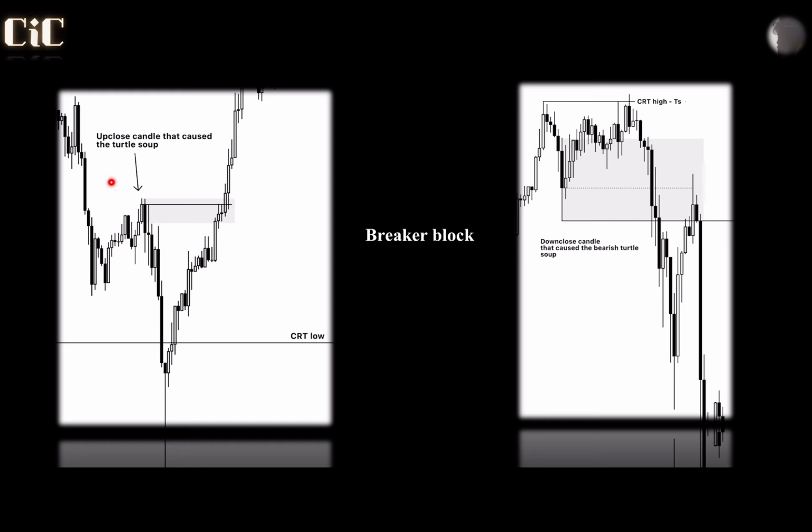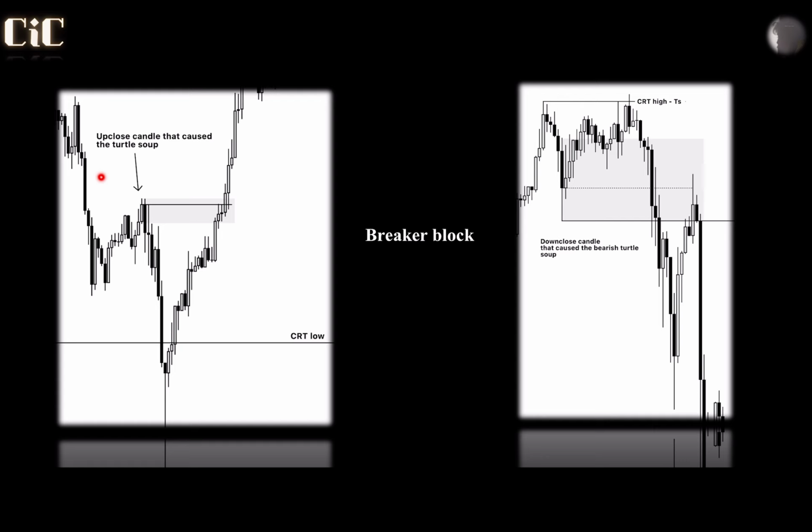We're not here trading zones. We're not here guessing zones. We're not like the supply and demand traders, like the market structure, ETFX, all those clowns. We're not like them. We trade specific candles, not zones.